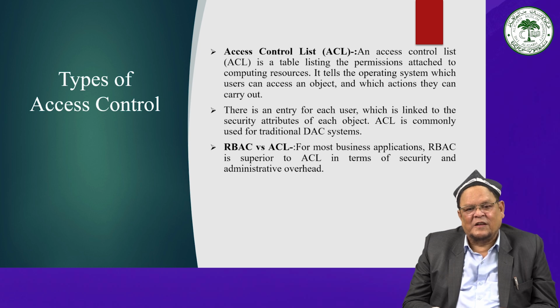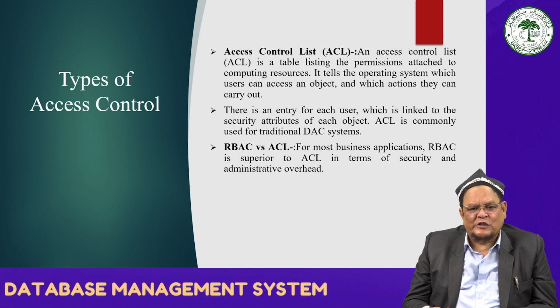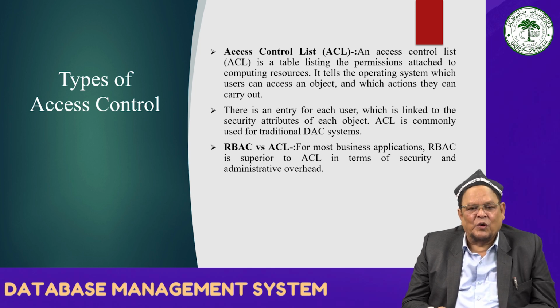RBAC versus ACL. For most business applications, RBAC is superior to ACL in terms of security and administrative overhead. So in terms of security, role-based access control is good, superior.